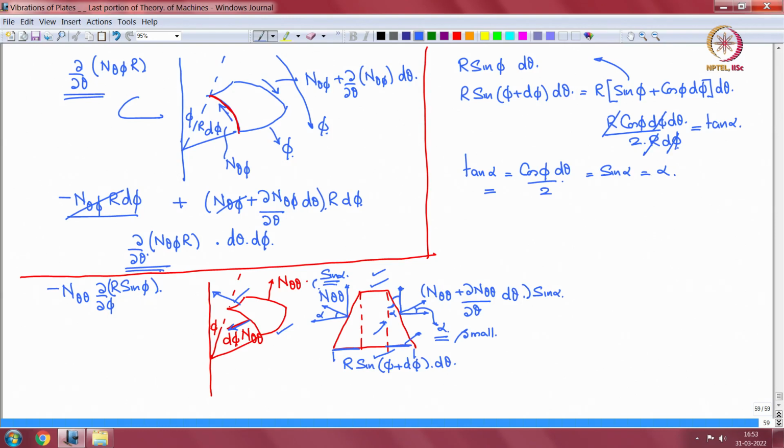Okay, so now what do I have? I have n theta theta into sine alpha, which is cos phi d theta by 2, and from here also plus n theta theta plus del n theta theta... hold on, just hold on one second.